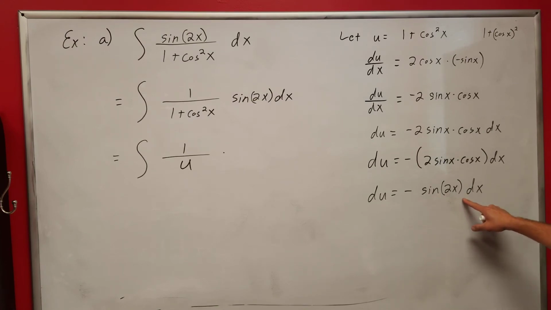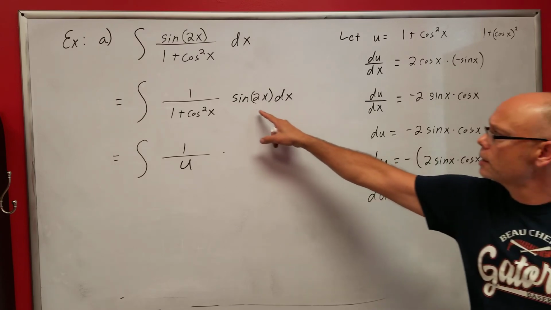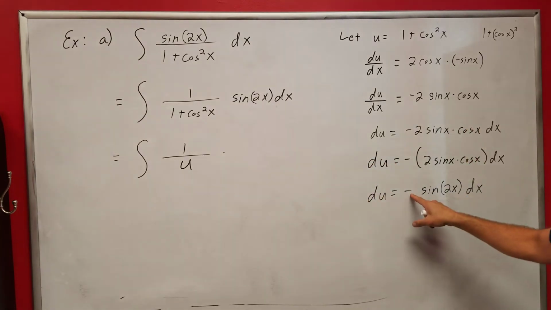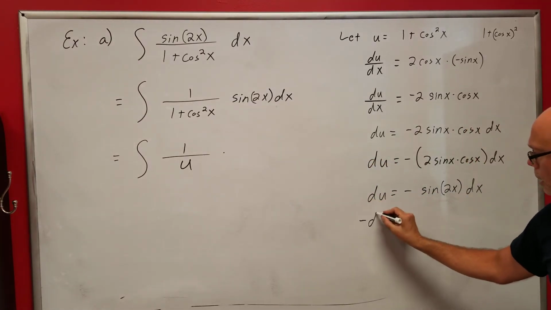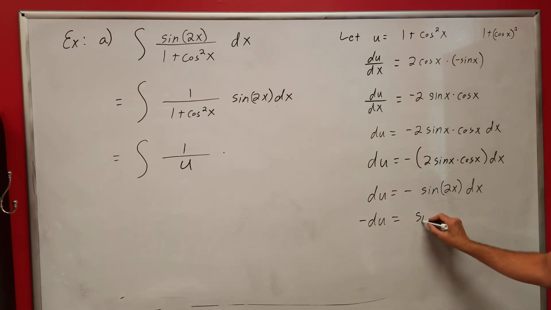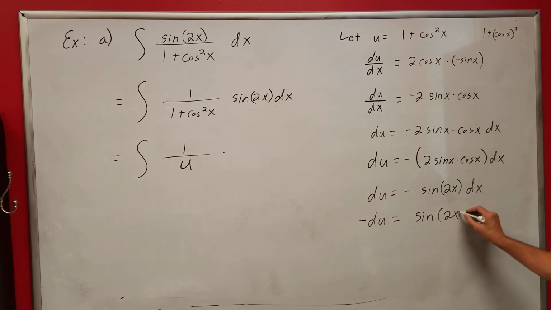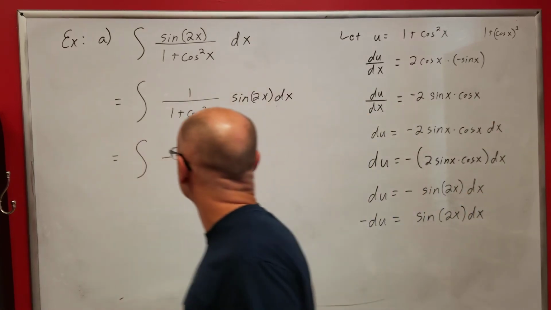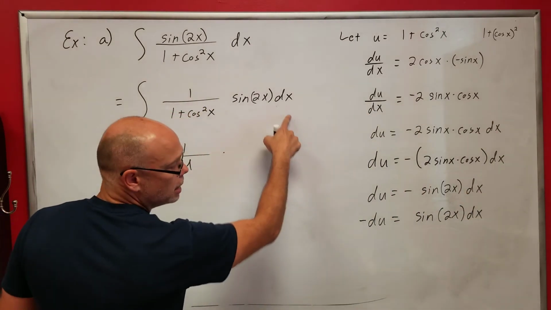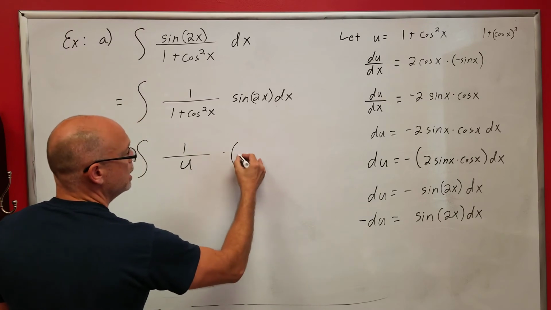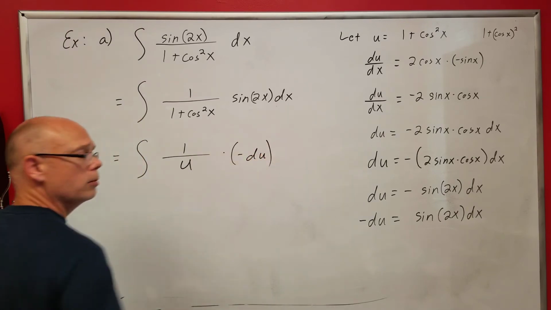Now, this part, I want to get by itself, right? So I'm going to divide both sides by -1, and negative du is equal to positive sine of 2x dx. So what's sine of 2x dx? We just said that's negative du, right?